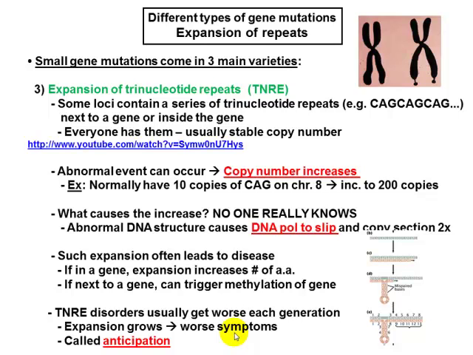But if you find over 100 copies or 200 copies of this particular trinucleotide, then you're going to have a problem, because this change in the protein sequence, the change in the protein structure, is going to cause malfunction of the protein and is going to lead to deleterious phenotypes.